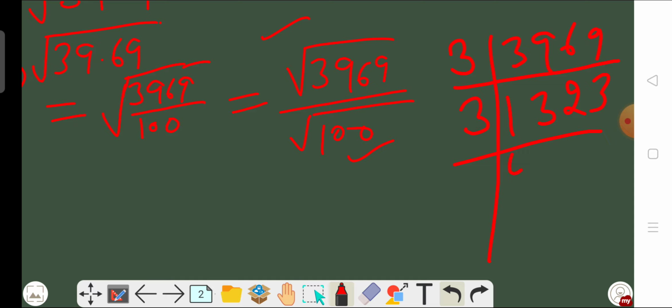Again, this is equal to 3, 3, 3, 3, 7 and 7, that is 9, 9 and 7 by 7. This is the prime factorization of 3969.